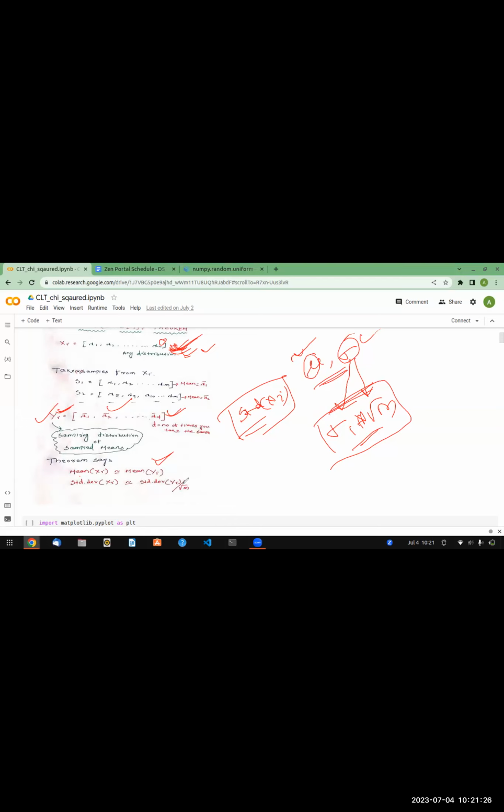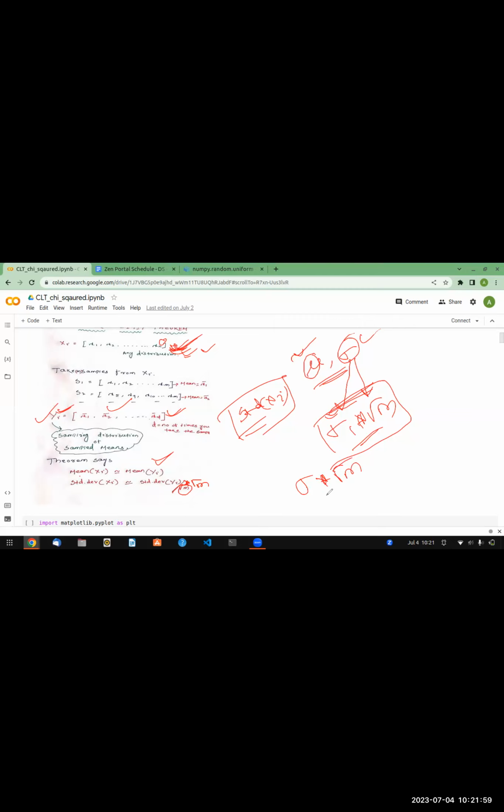You are asking about this root over m? Here it is sigma into root to the power of m. So here it is a modification. It is not divided by root over m, please keep that in mind. We are calculating sigma, the standard deviation, into root m.